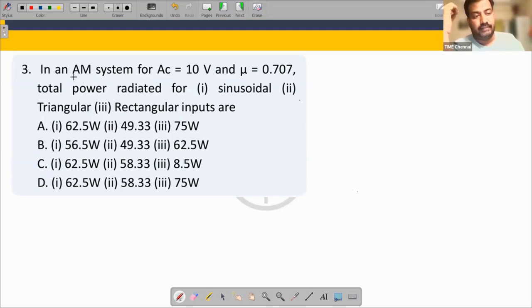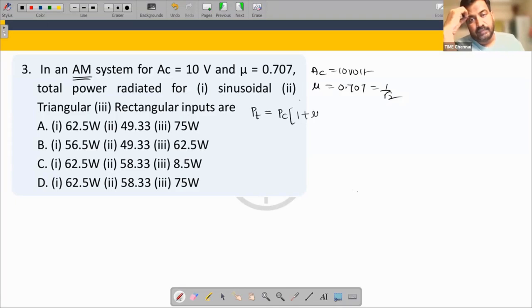In an AM system, AC is 10 volt, mu is 0.707, 1 by root 2. The total power radiated PT is PC into 1 plus mu square by 2 for sinusoidal input.